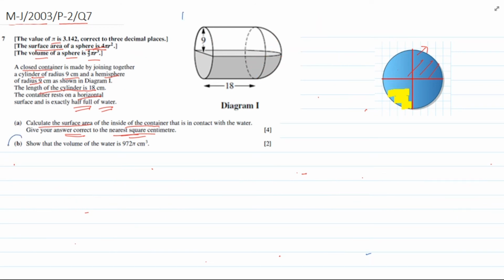Now part B. Show that the volume of water is equal to 972π cubic centimeters.